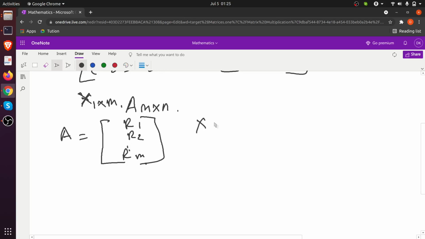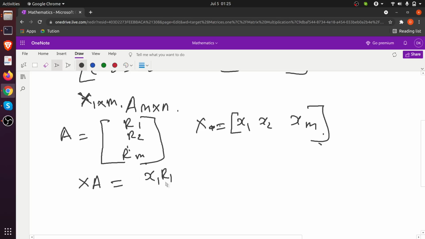And let me represent X as another row vector, x1, x2 up to xm. So the multiplication X into A can actually be represented as x1 R1 plus x2 R2 plus and so on up to xm Rm.